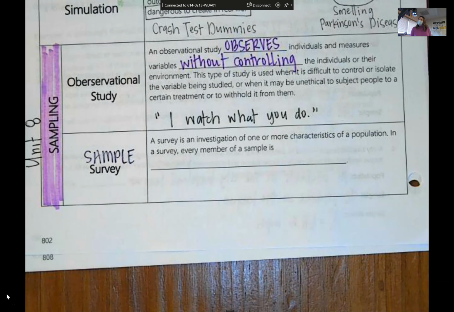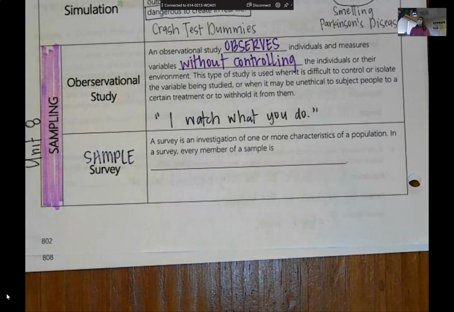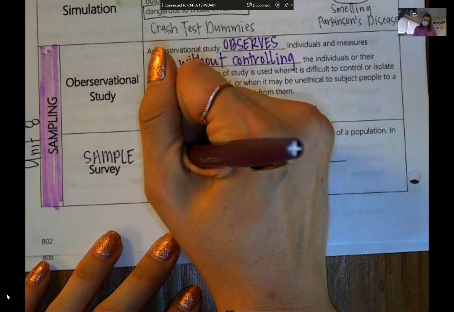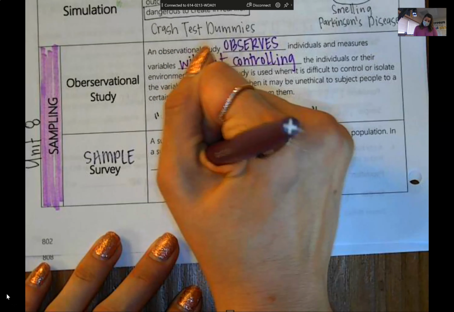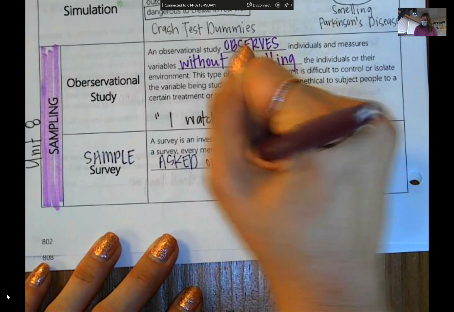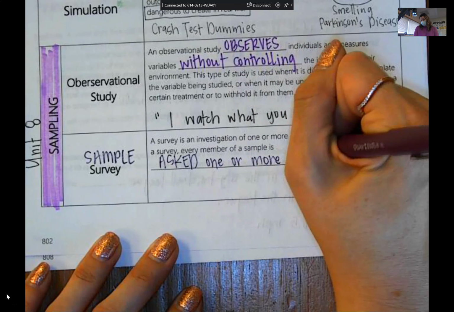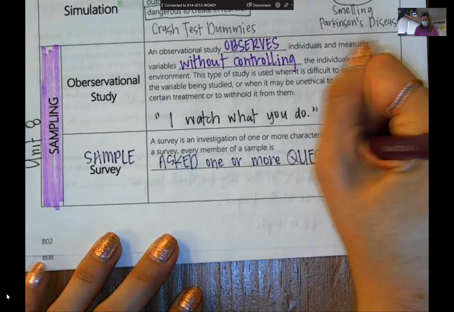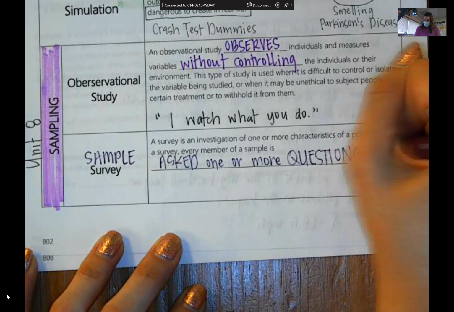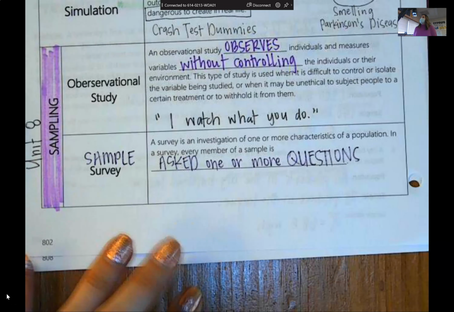A sample survey is an investigation of one or more characteristics in a population. In a survey, every member of the sample is asked one or more questions. So a sample survey is just when you are asked questions or you are asking questions.